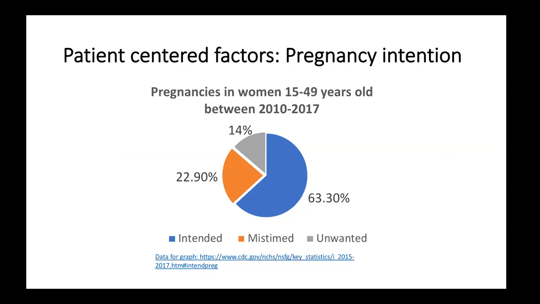That's about 23%. And pregnancies that patients didn't want make up about 14% of the pregnancies in that time. This is data from a huge national survey called the National Survey of Family Growth. I think it was multiple years across the country, with tens of thousands of patients, with really in-depth interviews.